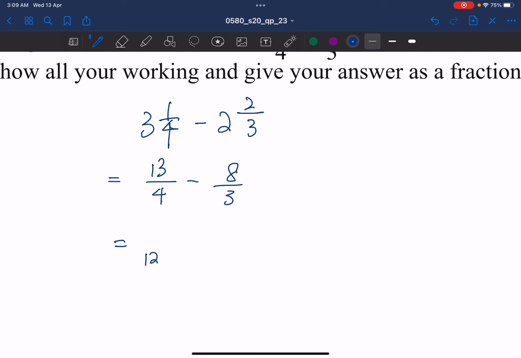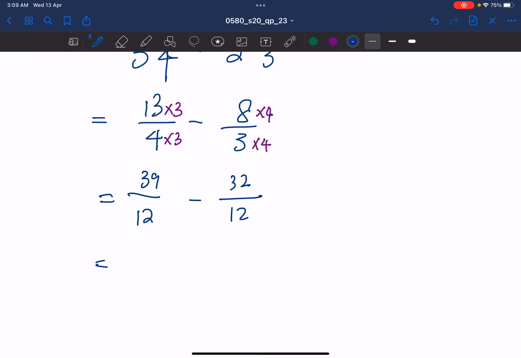So it's 12. Here I need to times 3 in order to get 12. So we have 39 minus. Here we need to times 4, so this is 12, 32. So we have 7 over 12.